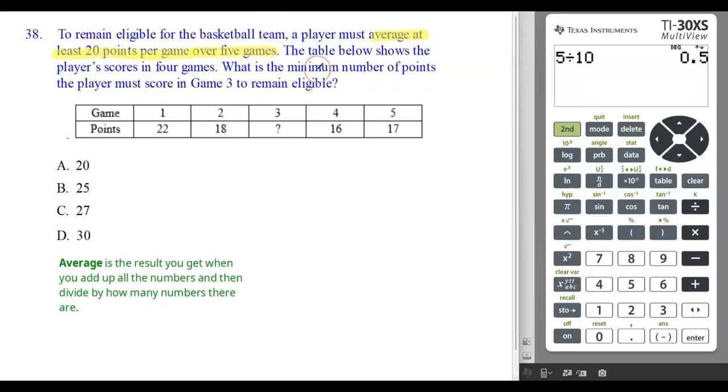At least 20 points per game means he must have an average of 20 points or more.